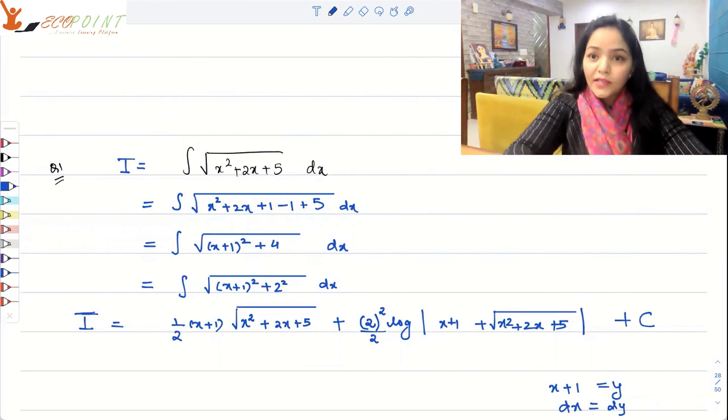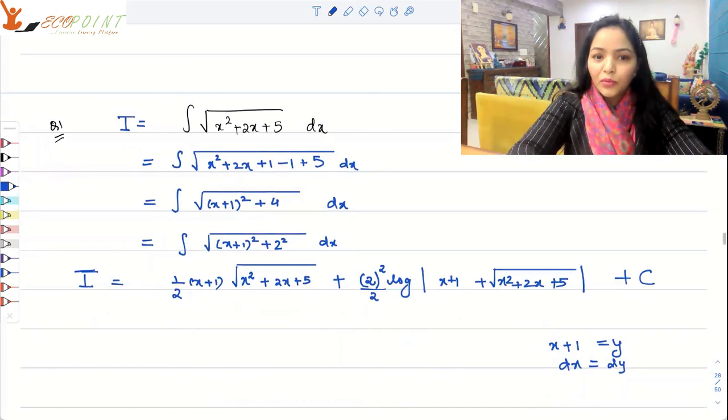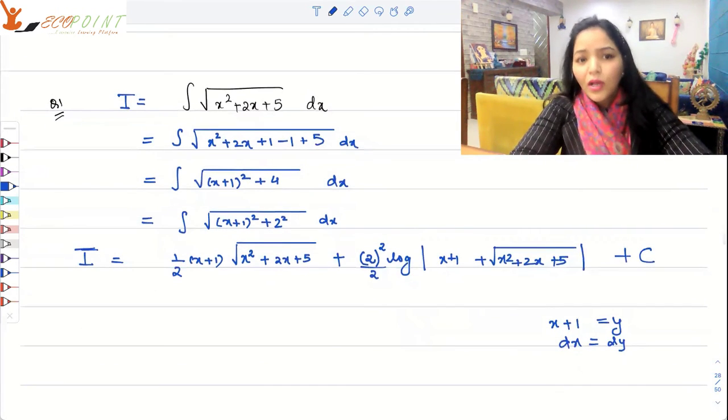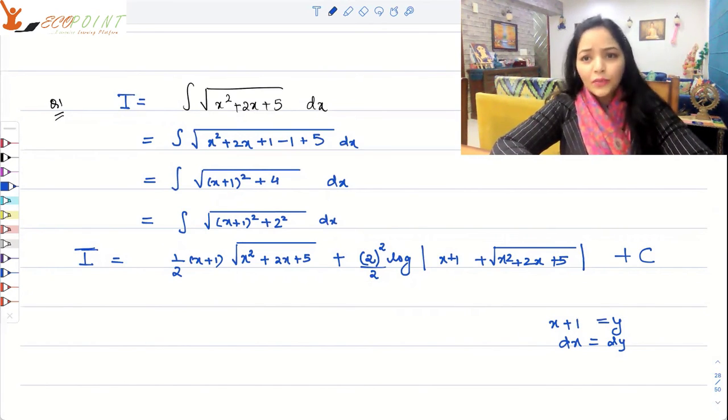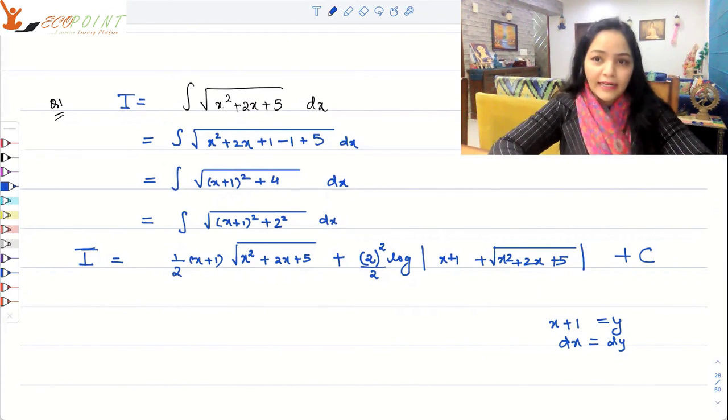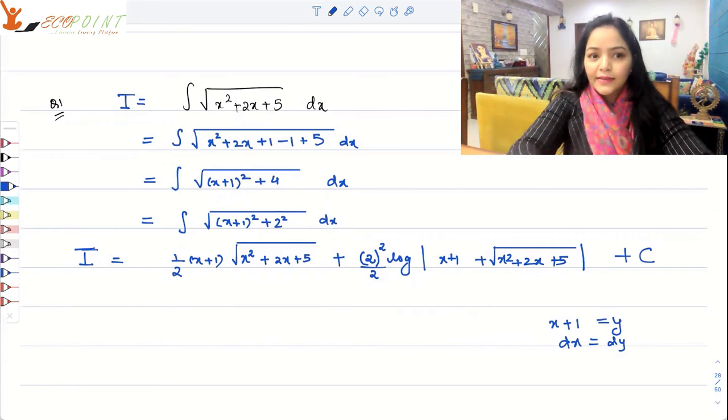Then you must transform it properly. I've done it directly only because if I take x plus 1 equals y, then dx is equal to dy and nothing will change in my integral. So that is why I directly wrote it in terms of x.